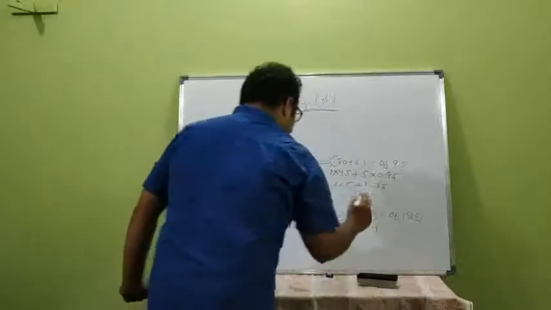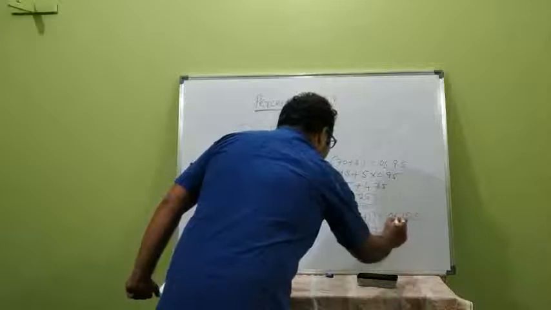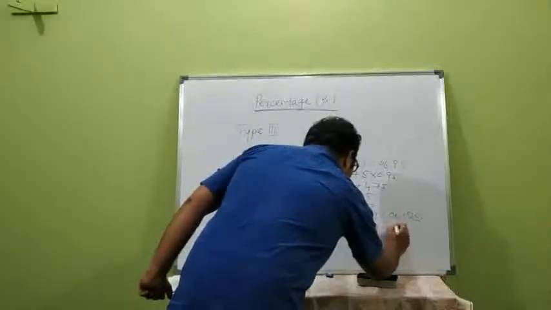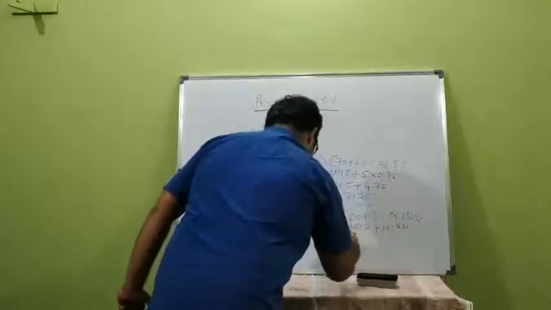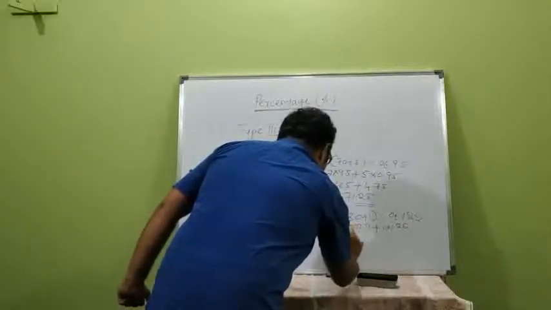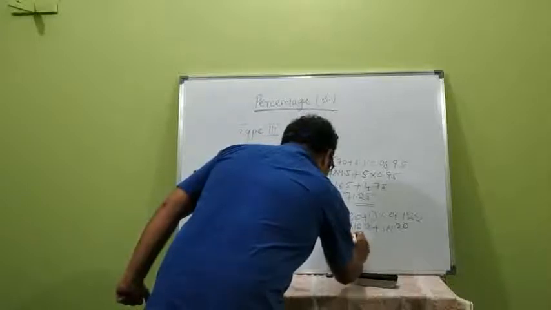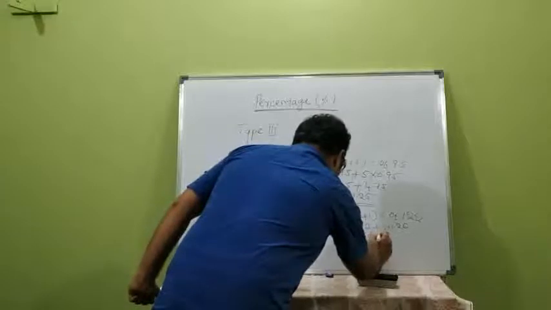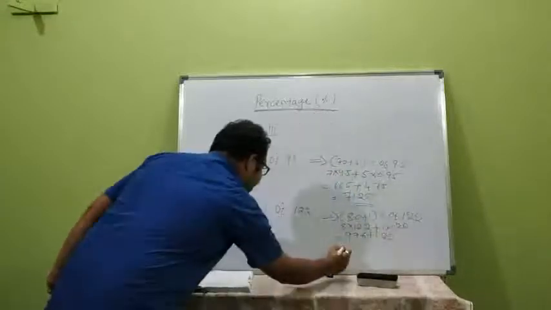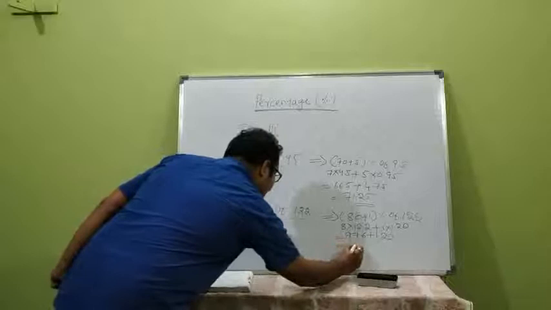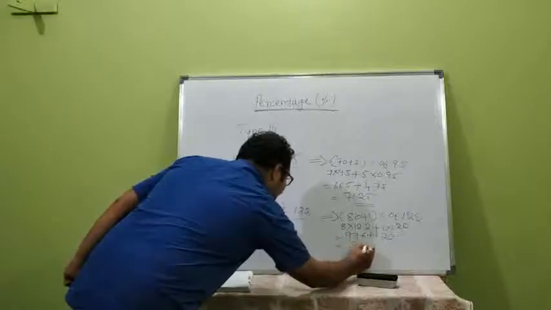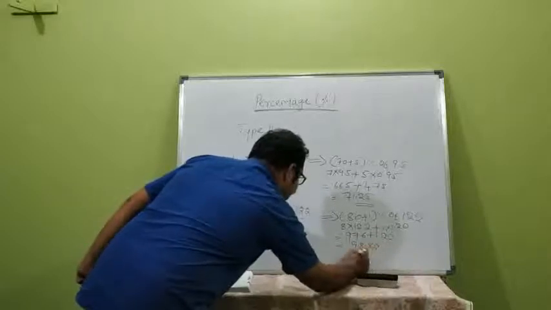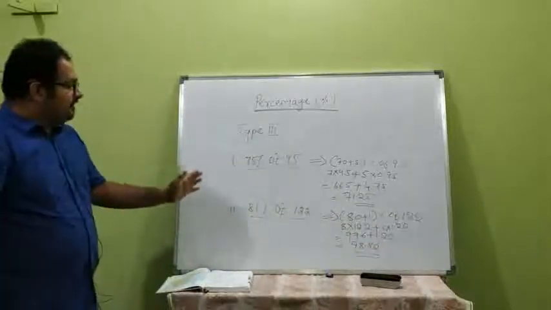Plus 1% of 122 is 1.22. So the answer is 98.82. This is the answer.